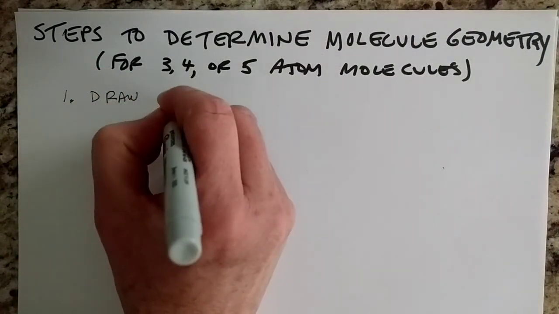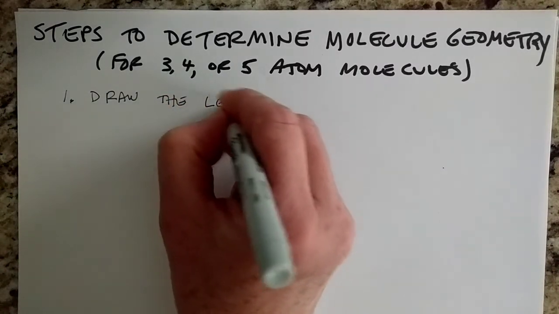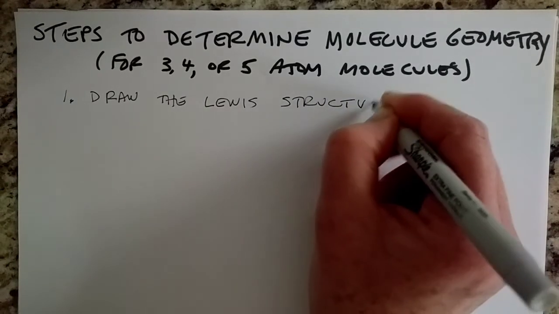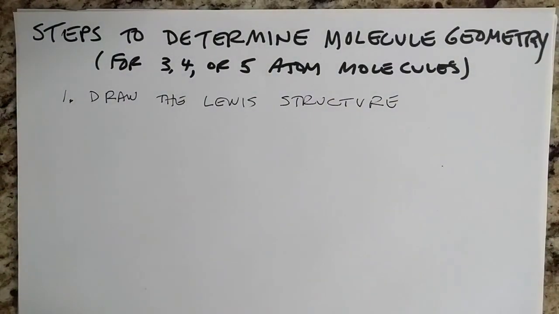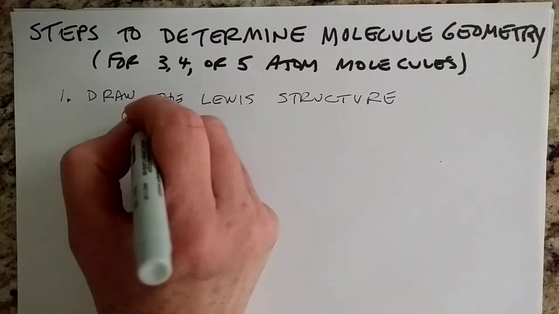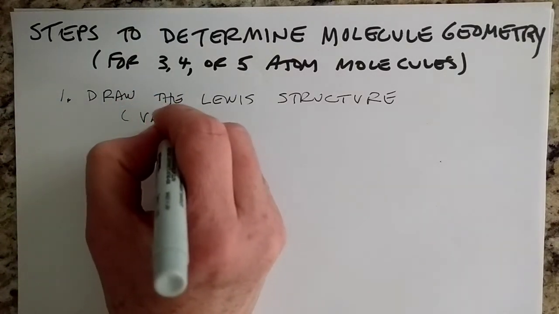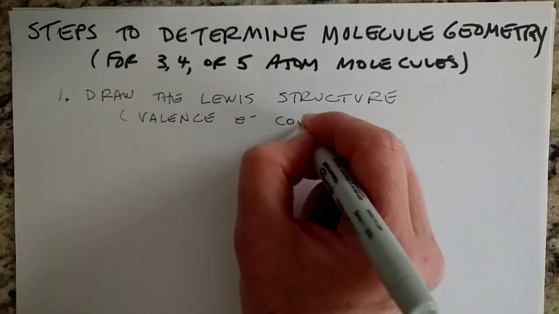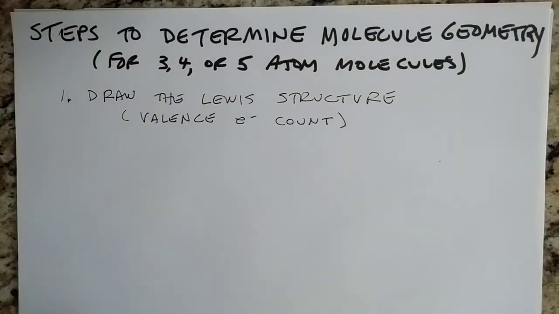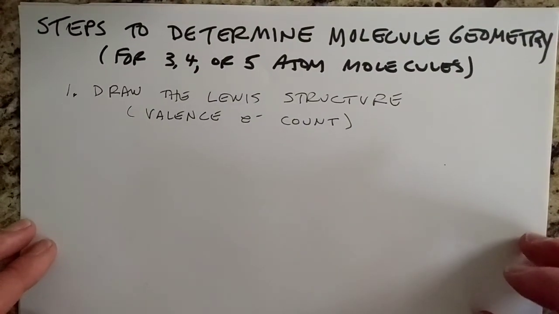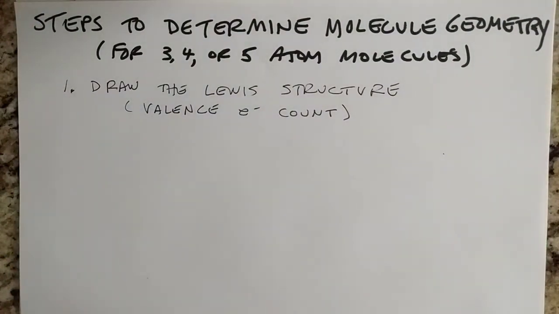Okay, and remember, to do that, we have to get the valence electron count and then put in our electrons. So we'll be doing examples in the next lesson to review how to draw Lewis structures.